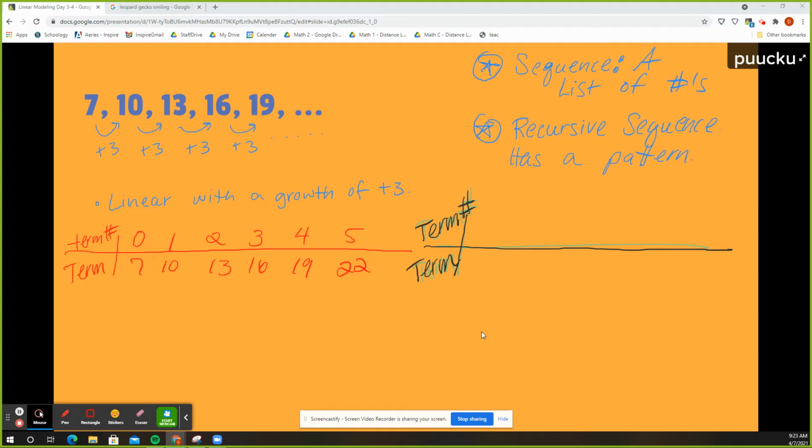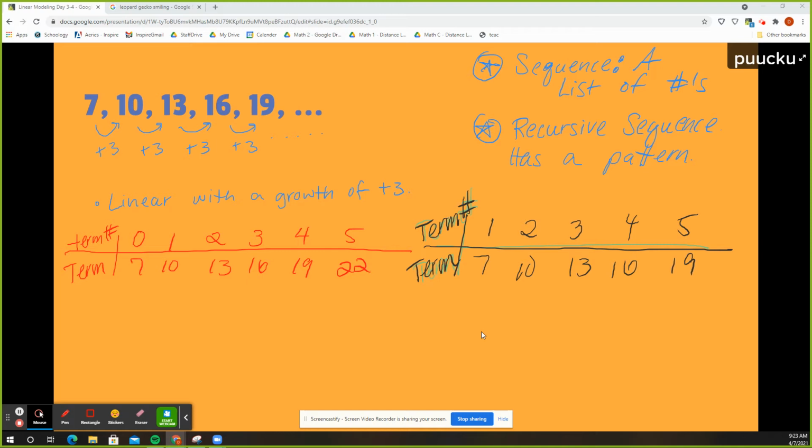And then the other option is like, well, the first term is 7 because that's the first number I was given. Maddie said something that I'm going to repeat.